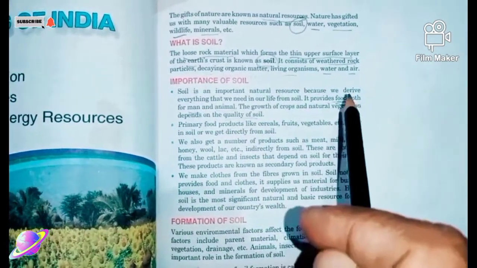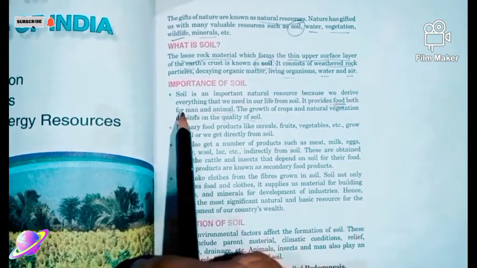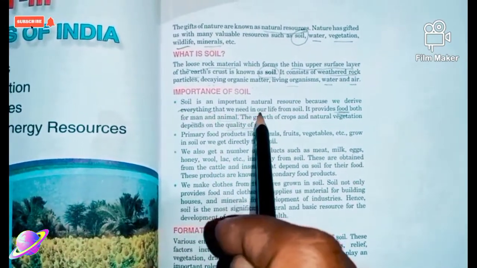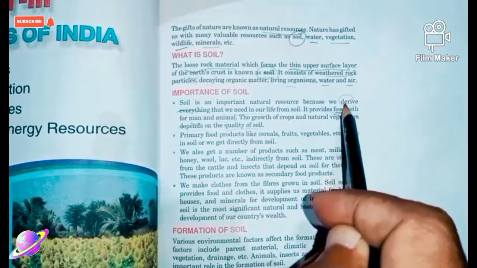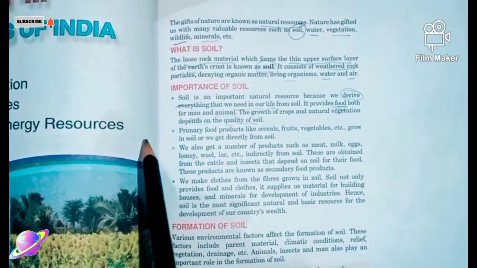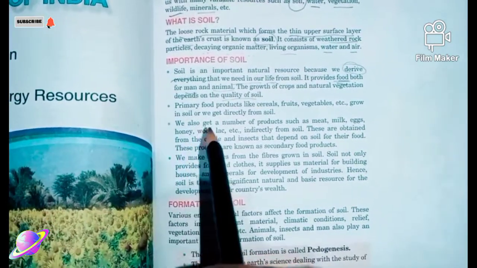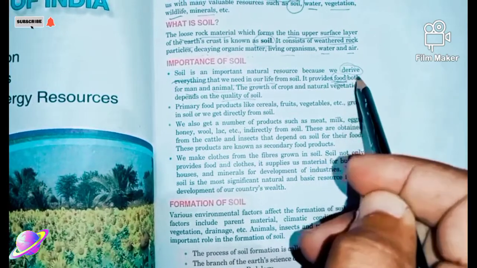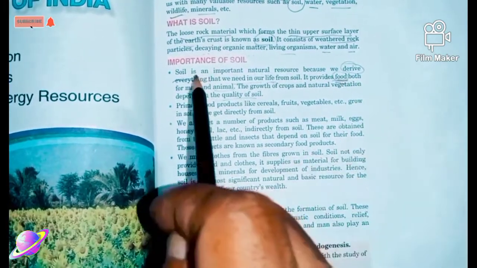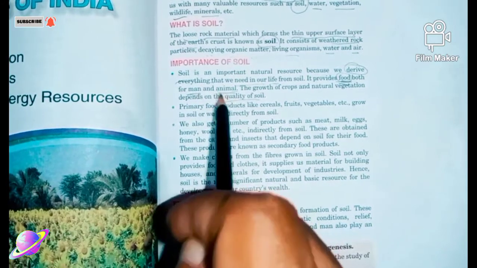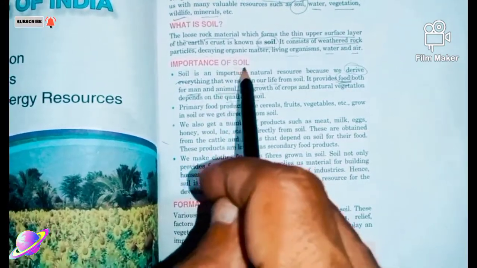Generally, everything we need in our day-to-day life we derive from soil. There are plenty of things we take from soil. The first thing is food. The food we get for man and for animals comes from soil.